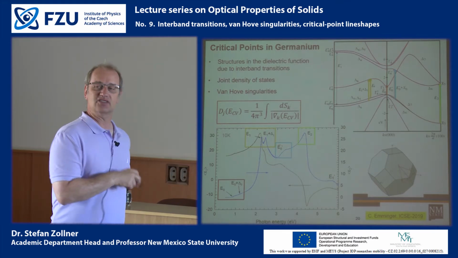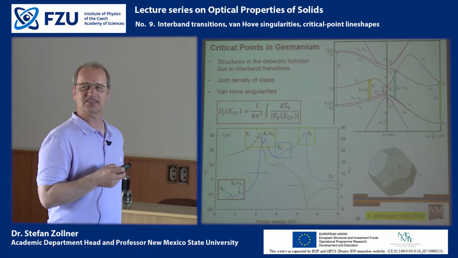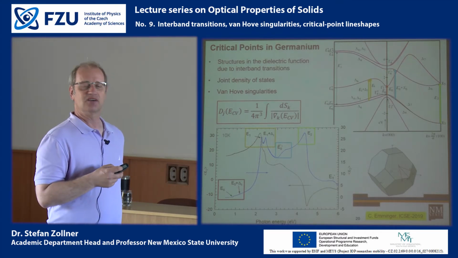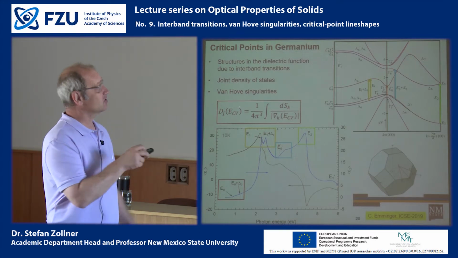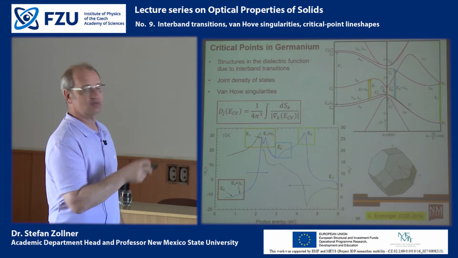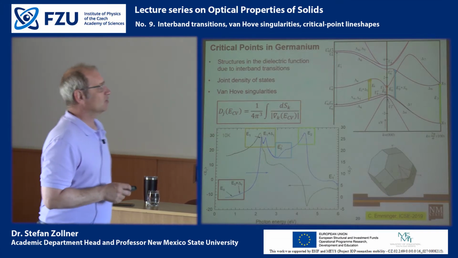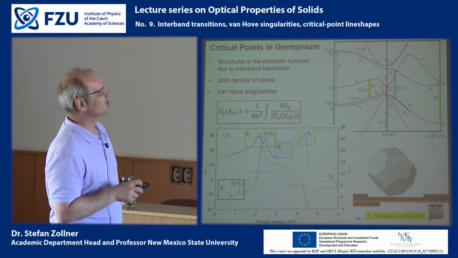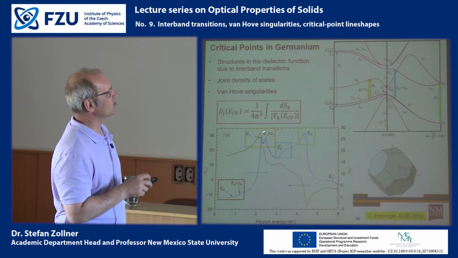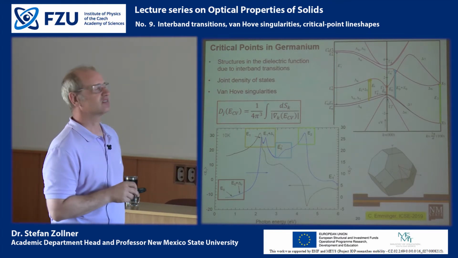When you have a peak sitting on a linear background, it is very difficult to get the exact energy of that peak, because as the slope changes, the apparent peak energy that you see will also move across. So we are looking for a technique to somehow sharpen these critical points and also subtract the linear background.